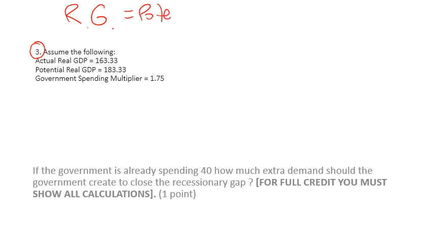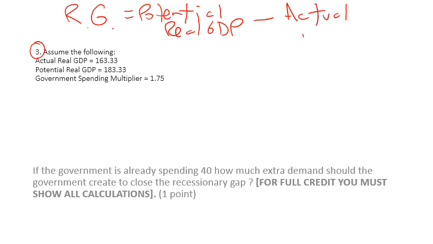So potential real GDP minus actual real GDP. All right. So we're told that potential real GDP is 188 point... Whoops. Sorry.